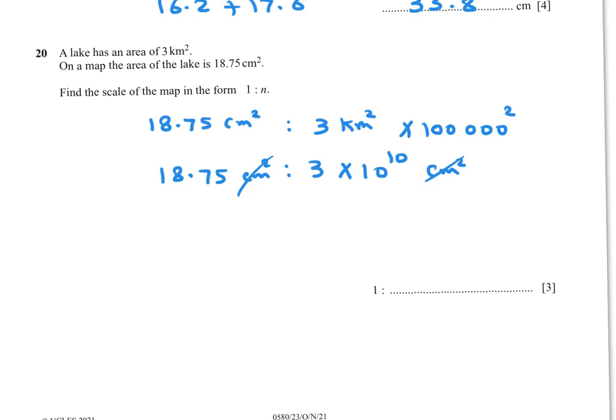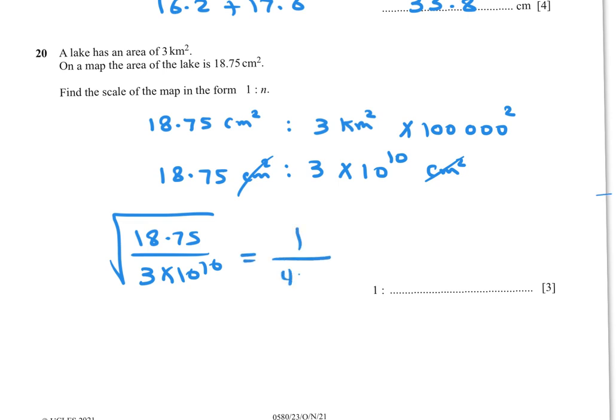For the scale of the map, take the square root of 18.75 over 3 times 10 to the power 10. The answer as a ratio is 1 to 40,000.